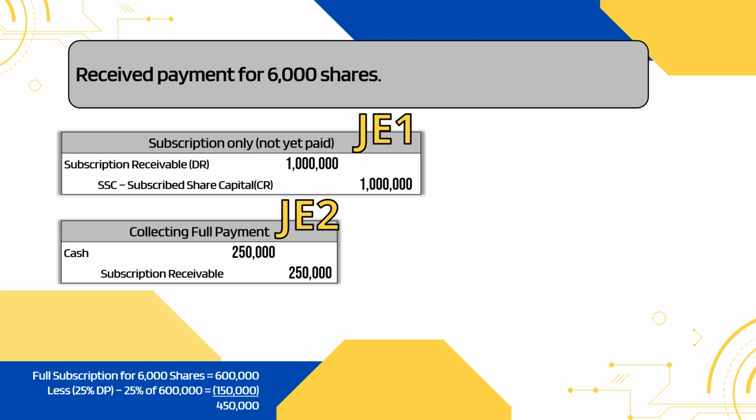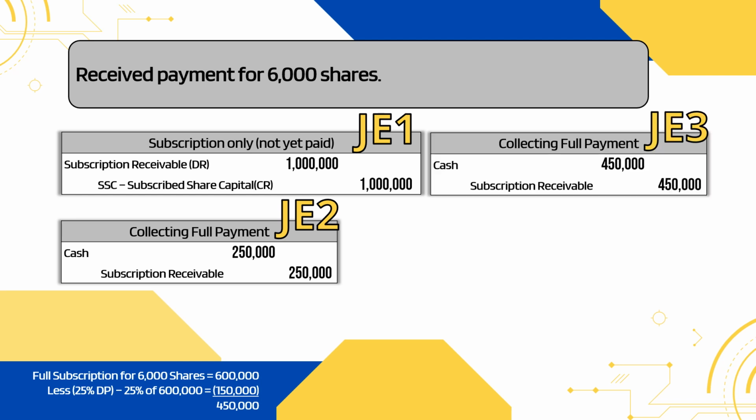Or another way is 25% of 600,000. So for them to be able to fully pay the 6,000 shares, only 450,000 is lacking, since they already down paid 150. This 250 can be broken down into 150 down payment for the 6,000 shares, and another 100,000 for the 4,000 shares. So the remaining balance for the 6,000 shares would be 450,000.